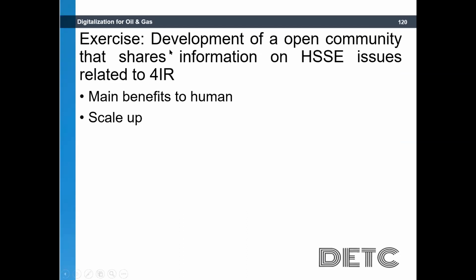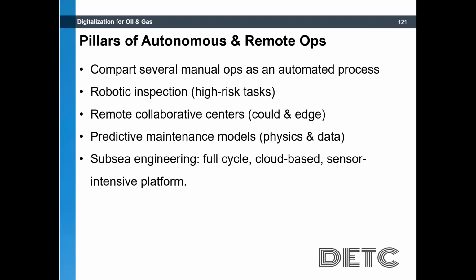And then you can carry out an exercise about the open community that shares information on health, safety, and security, and environmental protection issues. You need to mention the main points to the human resources and how you can scale them up across the entire organization.